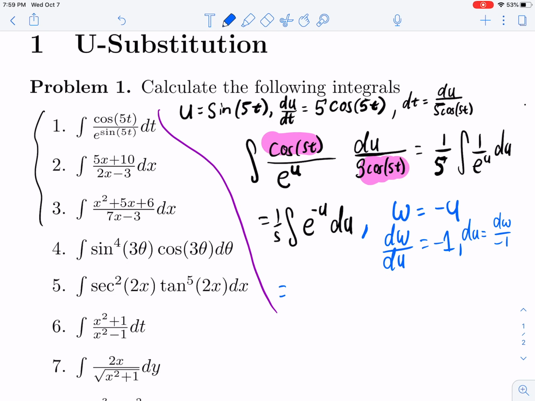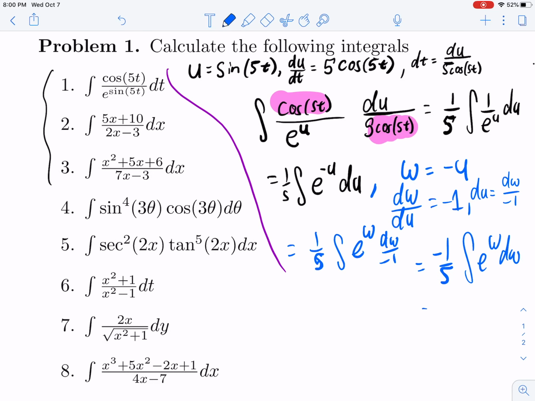So we have here 1/5 times the integral of e to the w dW over -1, which is -1/5, pulling that negative out, times the integral of e to the w dW, which is -1/5 e to the w plus c.